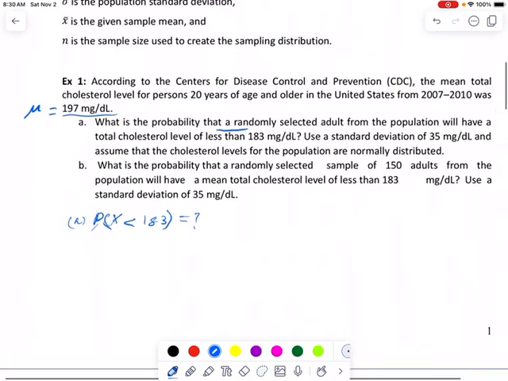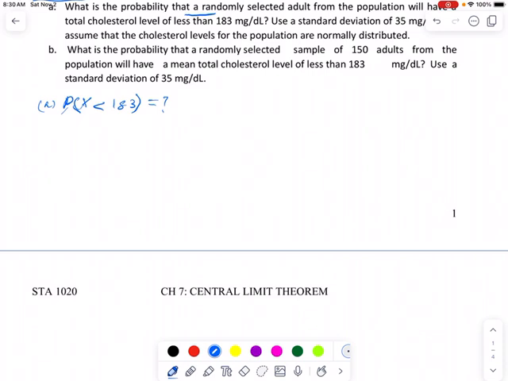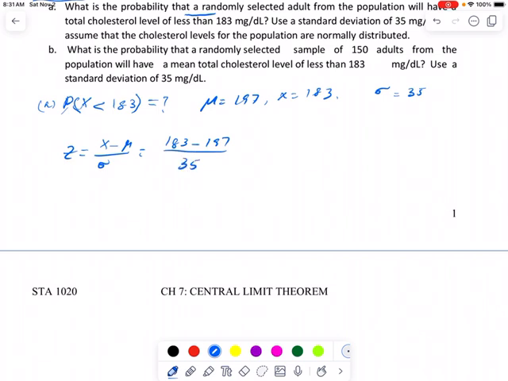What I have here is that mu is 197, X is 183, and sigma is 35. So we plug in the formula, Z is equal to X minus mu over sigma. So we get 183 minus 197 divided by 35. Take out a calculator, plug it in, and we get negative 0.4.